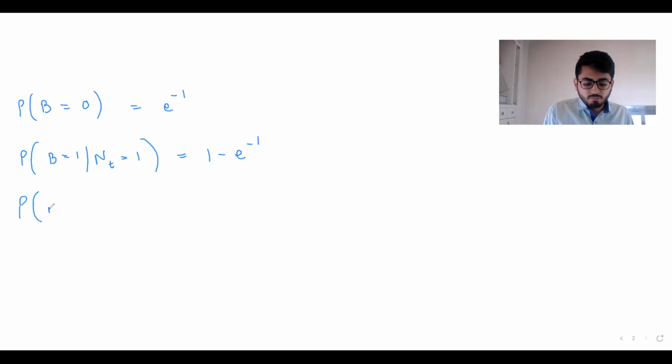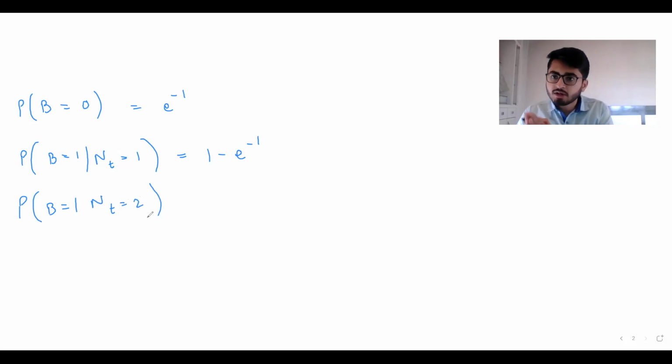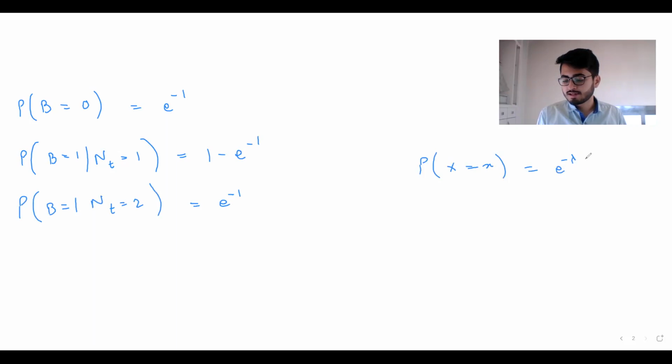Now, probability of B equal to 1 given nt is equal to 2. Say that just before the end of the day, there are 2 customers waiting in the queue. In that case, either 0 could leave the queue or 1 or 2. So for 0, we know it's e to the power minus 1. For 1, it will again come out to be e to the power minus 1. Remember that for a Poisson distribution, probability X equal to x is e to the power minus lambda, lambda to the power x by x factorial.